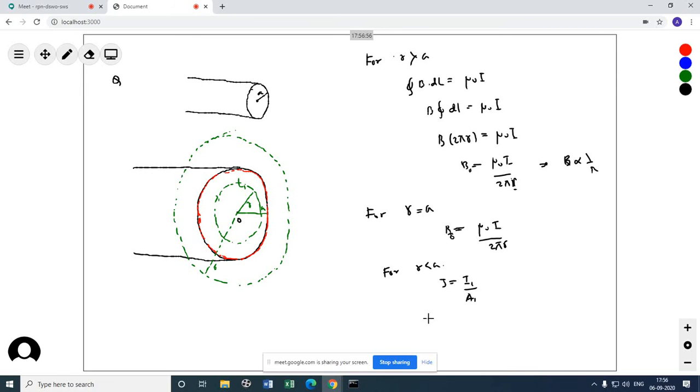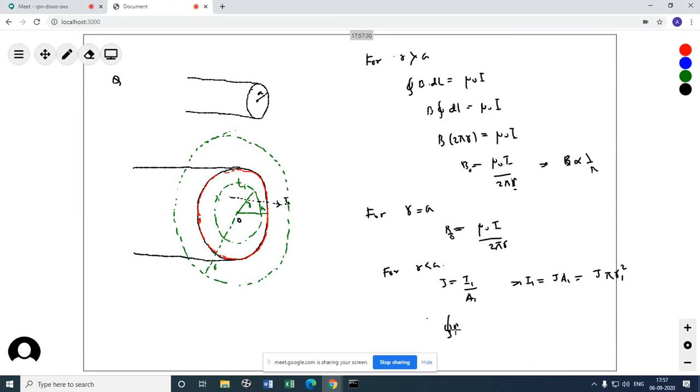I is the total current through the wire, and I1 will be only the current through the inner loop, that much radius, how much I have taken. This is I1. I1 can be written as J into area 1, or J into pi R1 square. Right? Yes, sir.